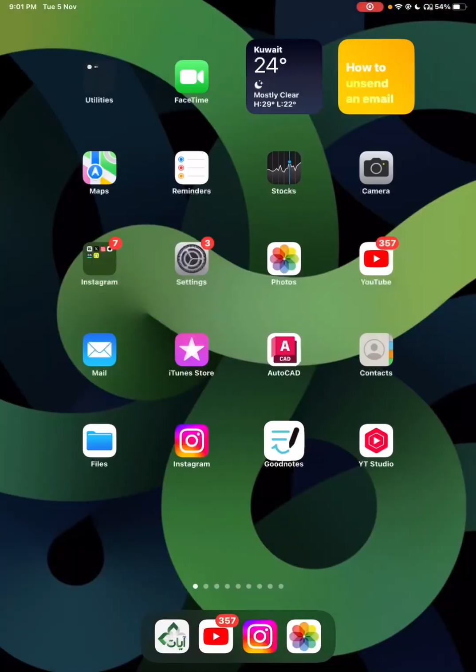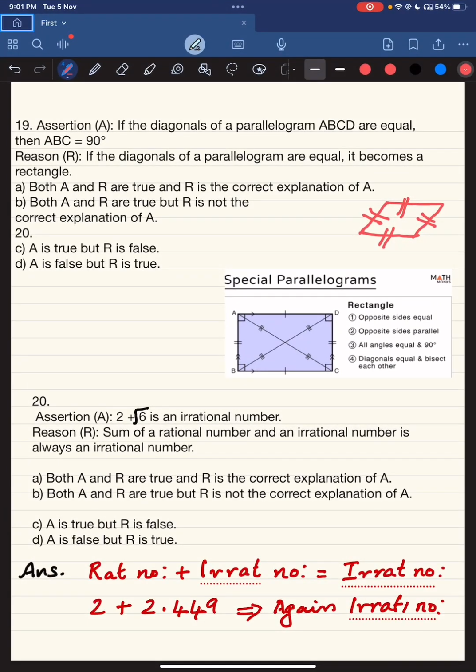Here the parallelogram ABCD has equal diagonals. If diagonals of a parallelogram are equal, then it will be a rectangle or square, right?